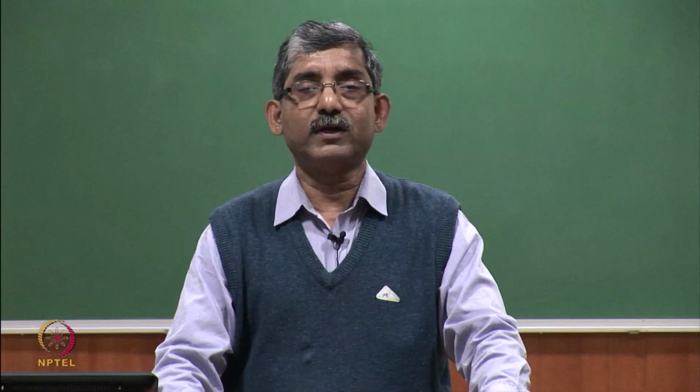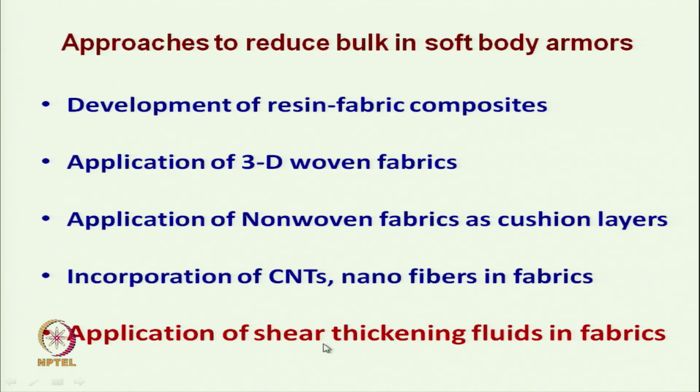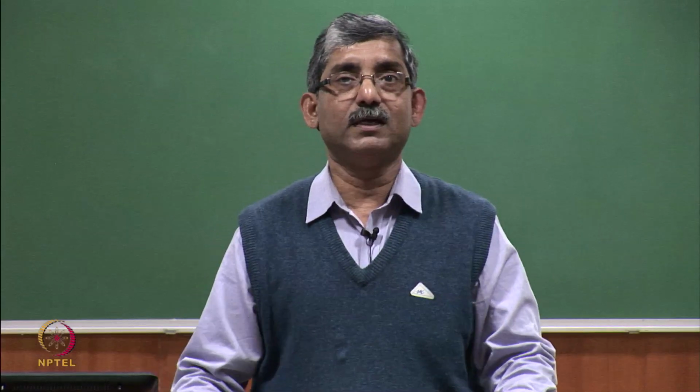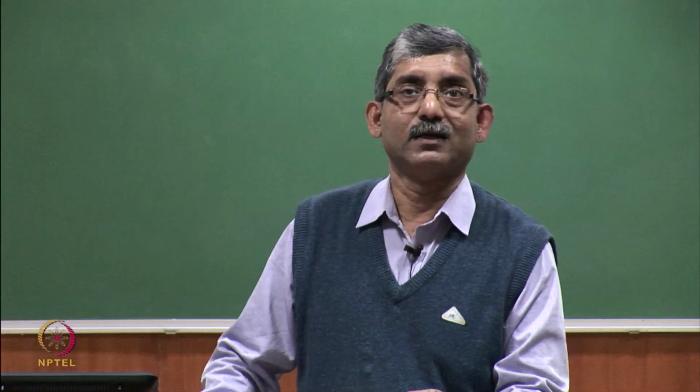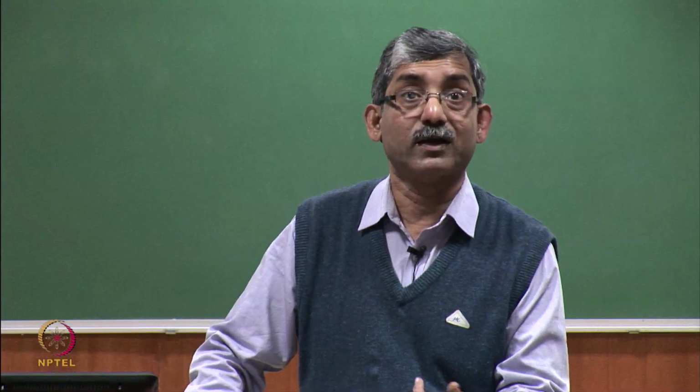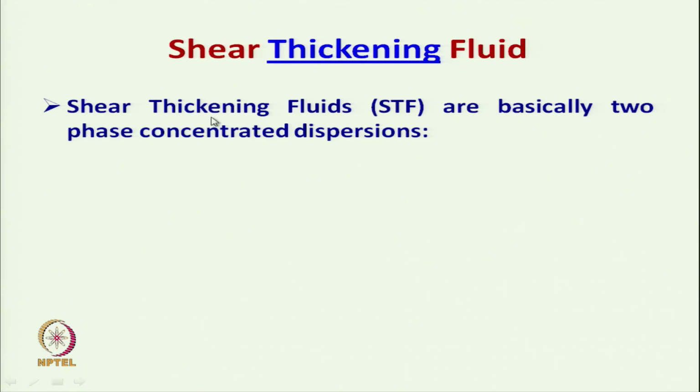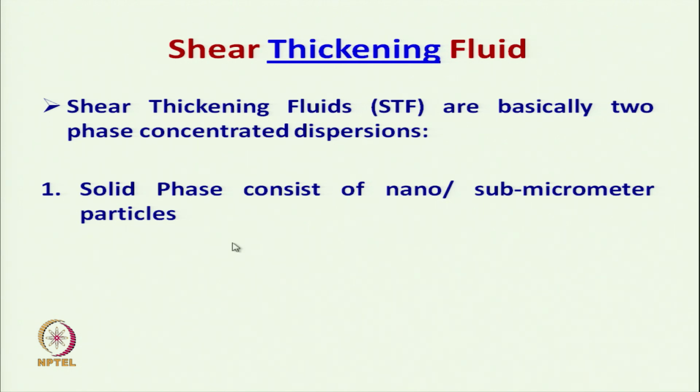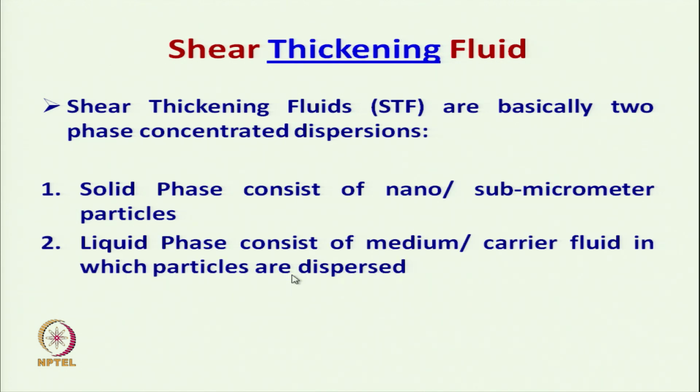Shear thickening fluid is a viscous material where, with the increase in shear rate, the viscosity increases to a great extent. It acts as a solid material. It has a two-phase dispersion: one is the solid phase, which consists of nano or sub-micron particles, and the other is the liquid phase, which is a carrier fluid medium in which the particles are dispersed.